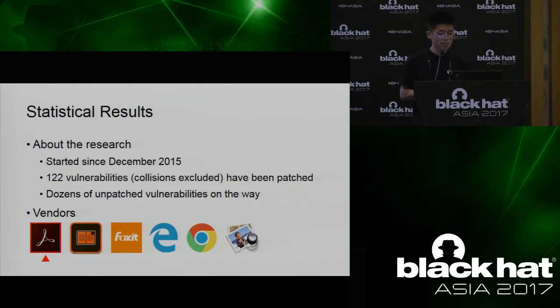My research covers Adobe Acrobat and Reader, Adobe Digital Editions, Foxit Reader, and the Edge browser, which was implemented by the Windows PDF library, and the Chrome browser, which uses PDF IOM, and I also fuzzed the macOS Preview. And it should be noted that my research mainly focused on Adobe Acrobat and Reader.